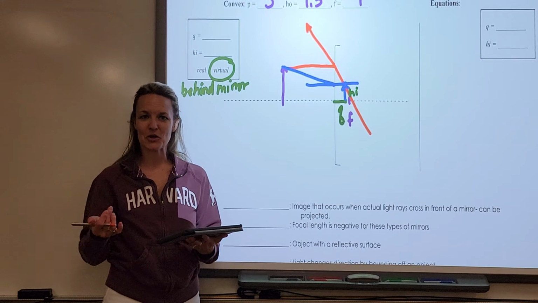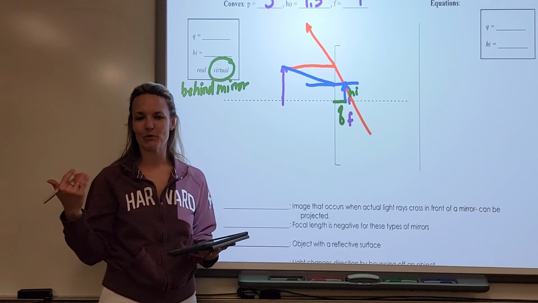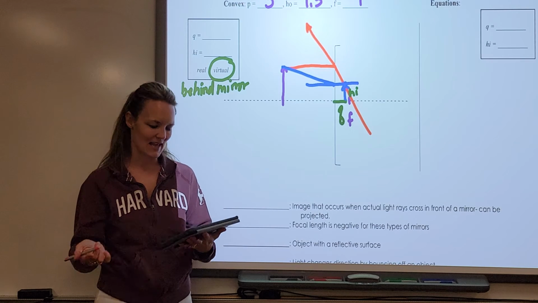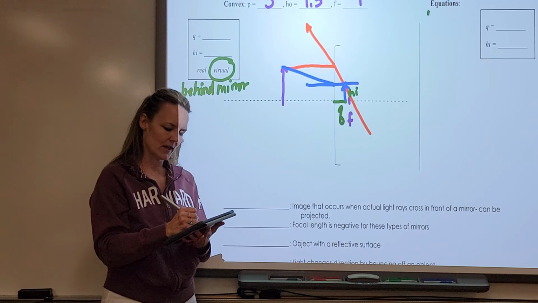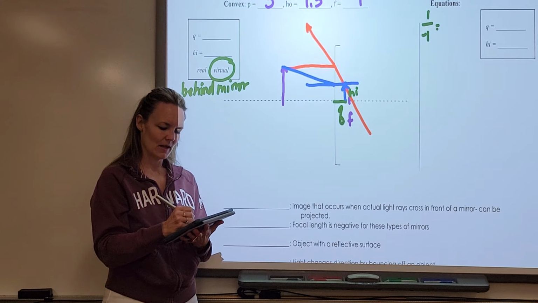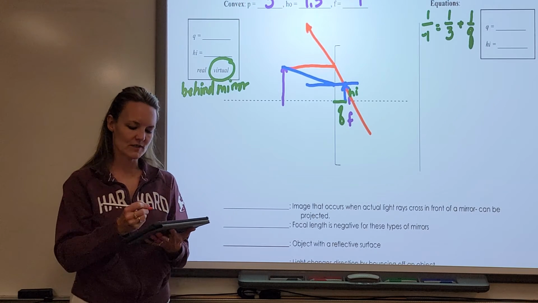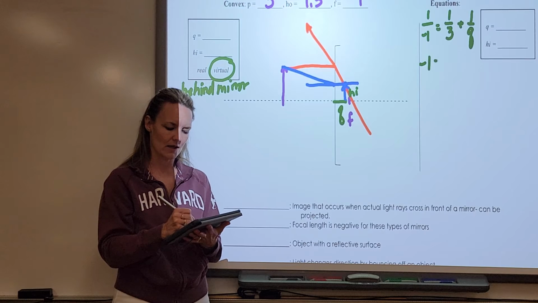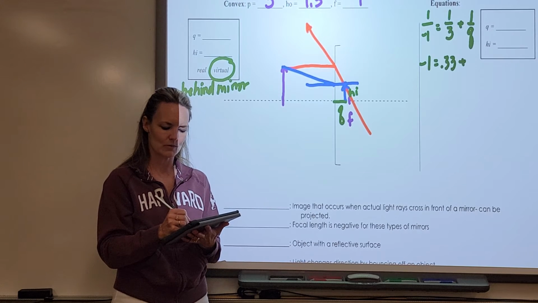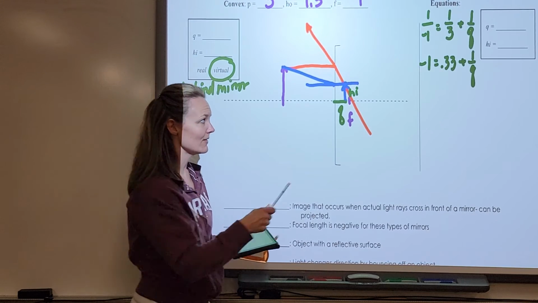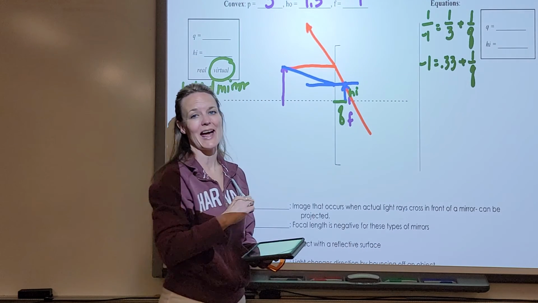From there, to do your equations, the only difference in the math from up above is you have a negative sign. So we have 1 over negative 1 equals 1/3 plus 1 over q. If you prefer decimals, we've got a negative 1 equals 0.33 plus 1 over q. This 0.33 subtracts to the other side.